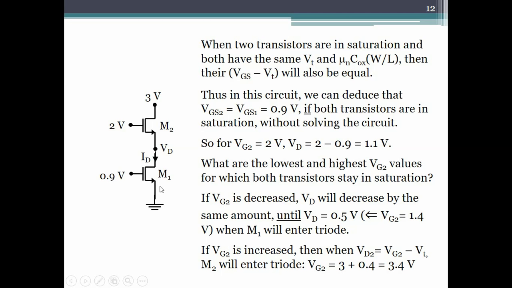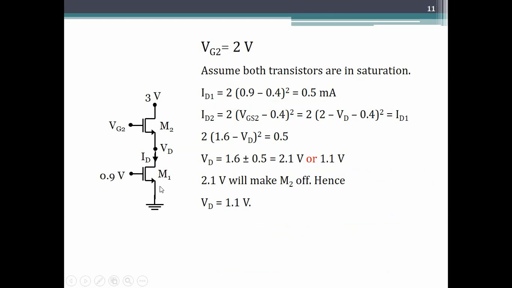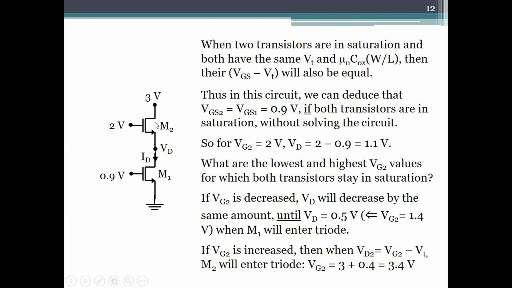Alright. Now what that means is that when we are solving, assuming both transistors in saturation, we don't even need to write these equations. Why? Because given all of this, this VGS has to be the same as this VGS, because the same current is flowing, and they are both in saturation. Same current is always flowing. But if you assume saturation, then this VGS has to be 0.9 volts. So if this VGS is 0.9, that means VD is 1.1 volt.